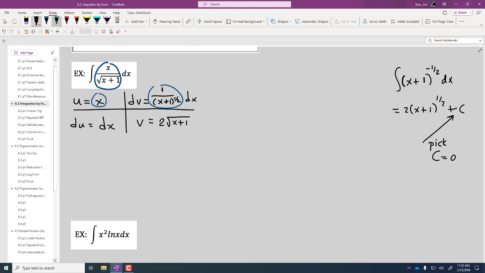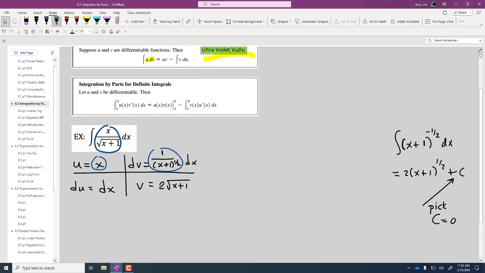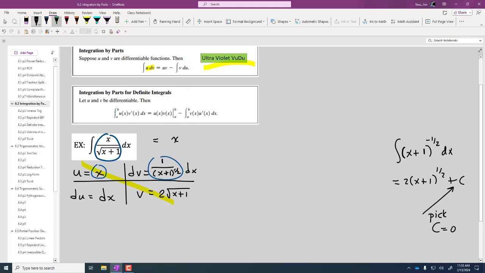We've got all the components, all the ingredients for this integration by parts, and then there is our formula, uv minus integral of v du. So our integral becomes uv. uv is this main diagonal right here, u times v. So u times v is going to turn into x multiplied by 2 multiplied by the square root of x plus 1.